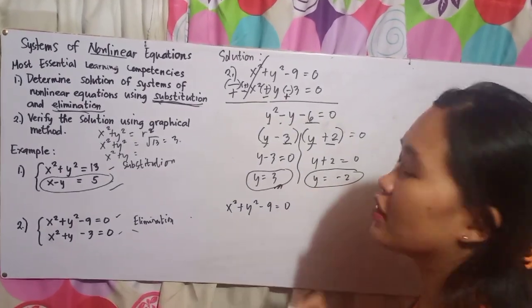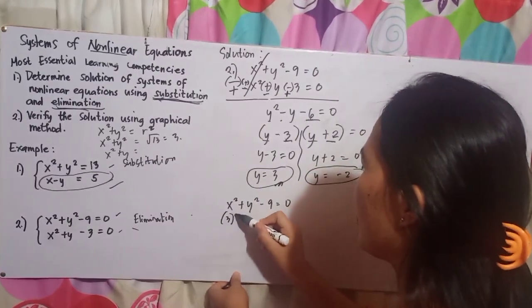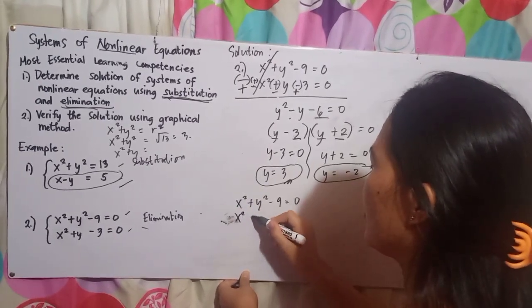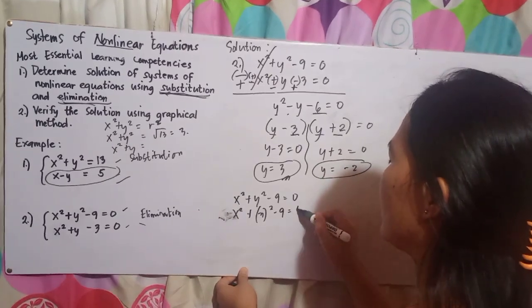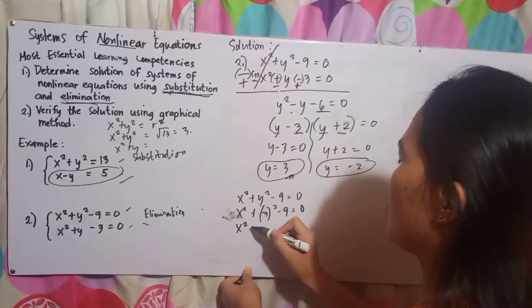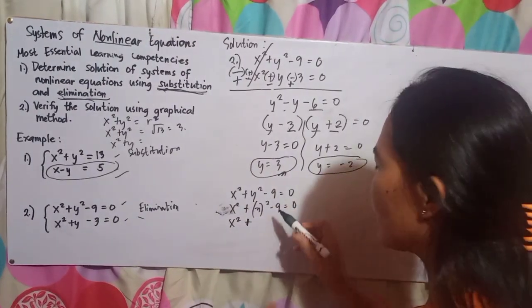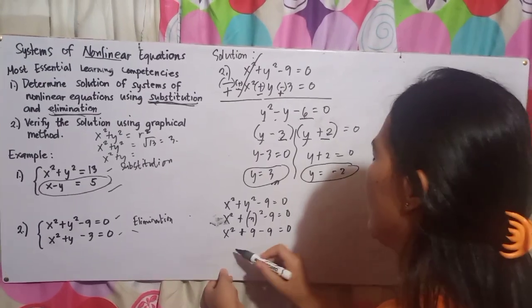So, kanang una i-substitute ha. 3 squared, y man na. So, x squared plus 3 squared minus 9 equals 0. X squared plus, 3 squared is 9, minus 9 equals 0.